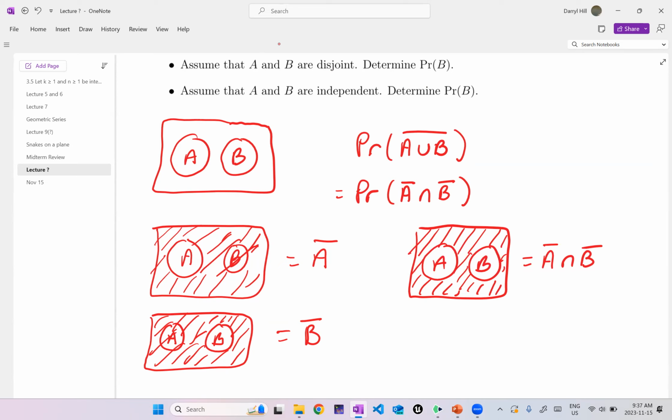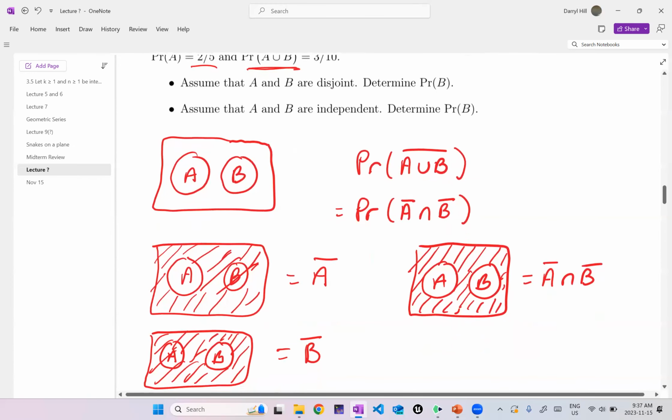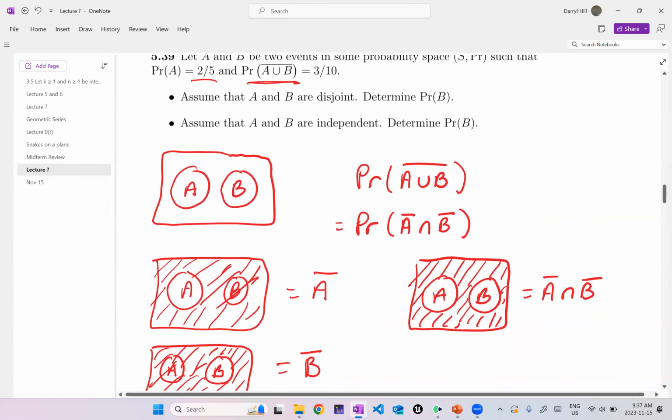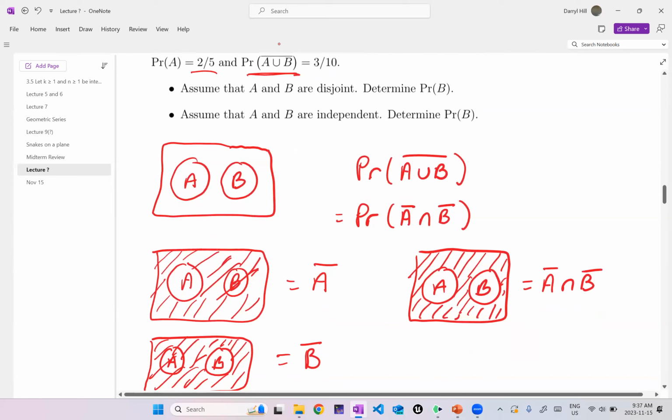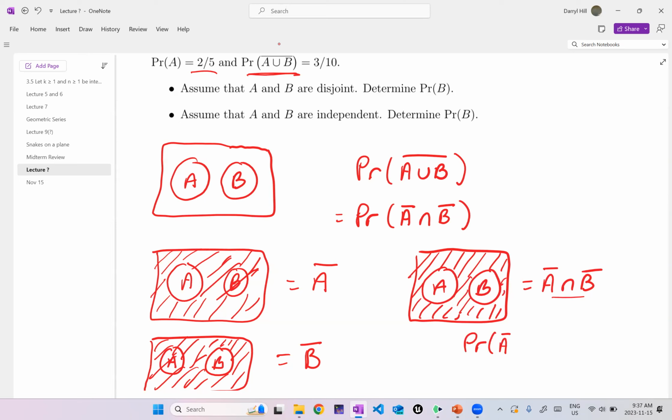Okay, so I know the probability of this is 3/10. And I know the probability of A is 2/5.